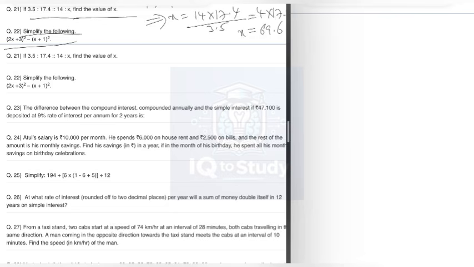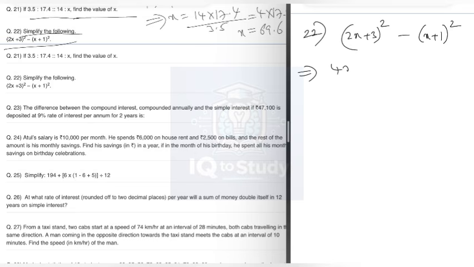Simplify the following: 2x plus 3 whole square minus x plus 1 whole square. We know that a plus b whole square is a square plus 2ab plus b square, and a minus b whole square is a square minus 2ab plus b square.